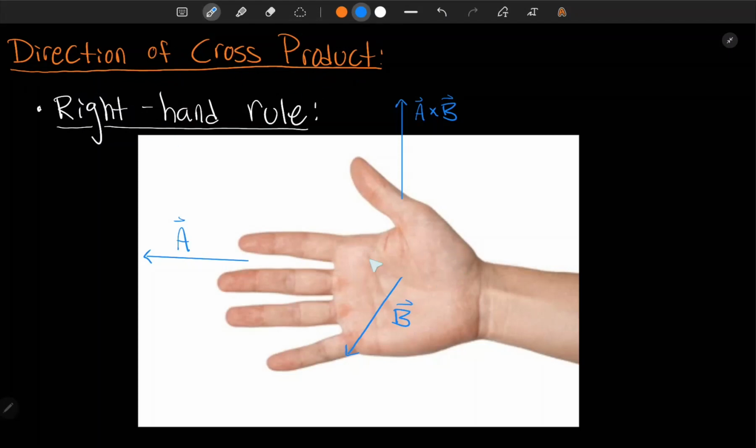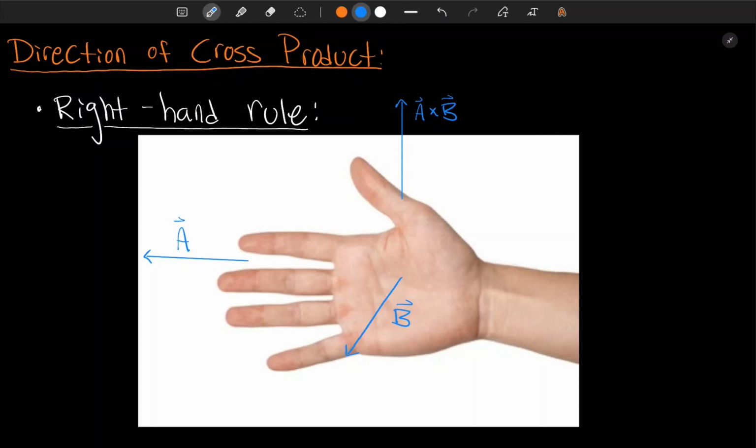So let's use this stock image of a right hand as an example. We see that to compute the direction of the cross product for A and B, we say take your right hand, make it into an open hand like this here, and then point your fingers in the direction of the vector A. So however it's drawn on your page, the direction of vector A is where your fingers point.